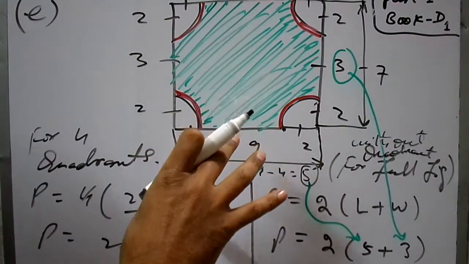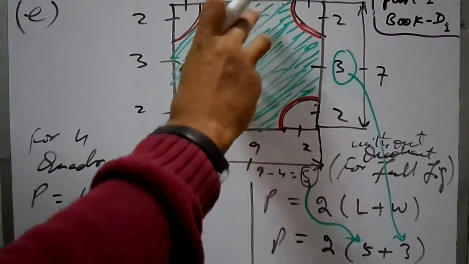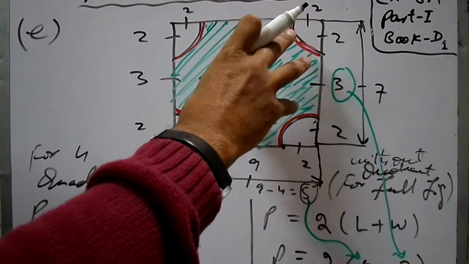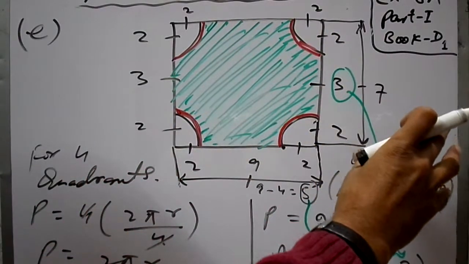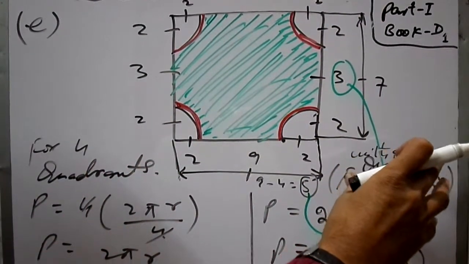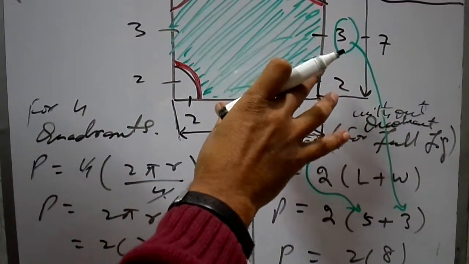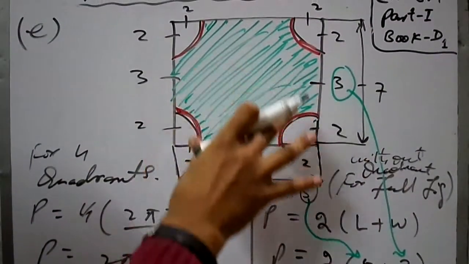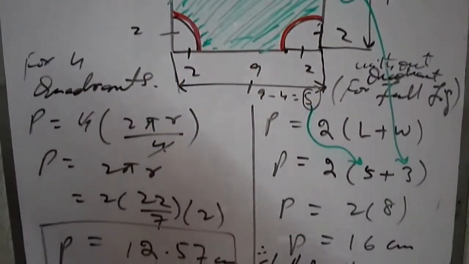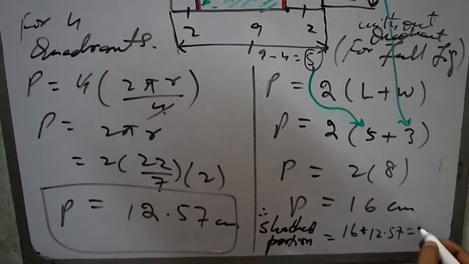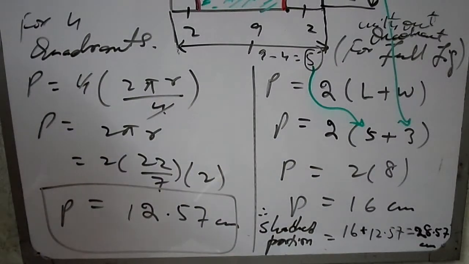So one perimeter is this one, and the second perimeter without quadrant is your 16. So the perimeter of the shaded region, after adding, you will get 28.57 centimeter. So that is your perimeter.